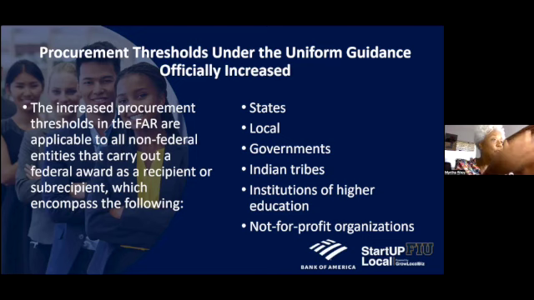They have their own procurement method. Institutions for higher education, for example Florida International University, and even your nonprofit organizations, anything that has to do with federal dollars, all these entities are affected.